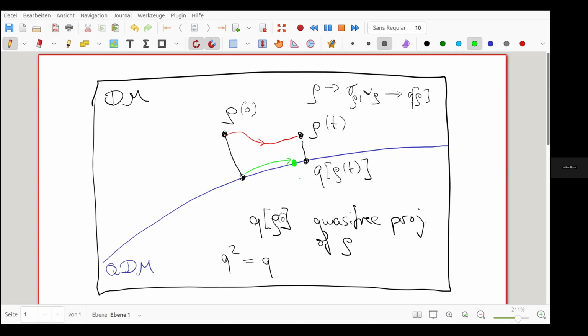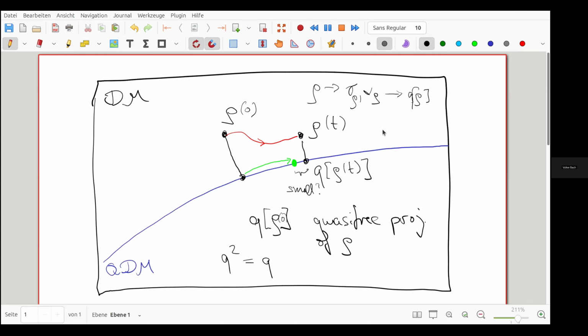And so the question I asked before would be, is this distance small? That would be a pictorialization of the question whether the approximation is close to what we get from the full evolution.